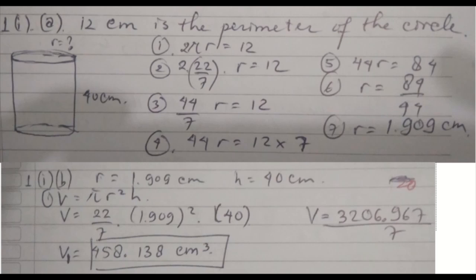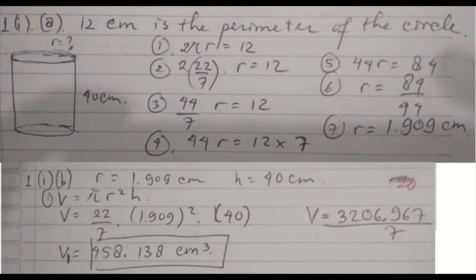I think this is the better way, instead of using 3.14. According to Cambridge, if you really want to keep using decimal, you may use 3.142 instead of using 22 over 7.